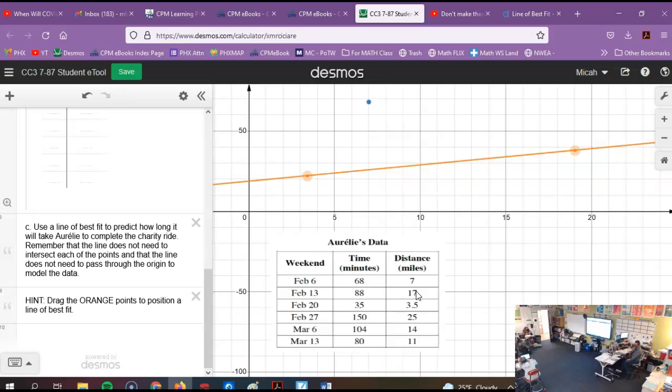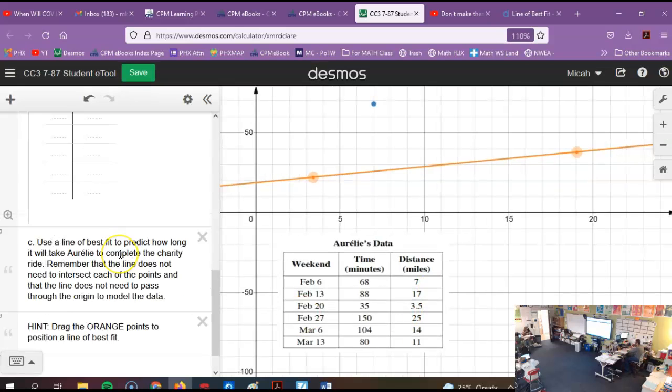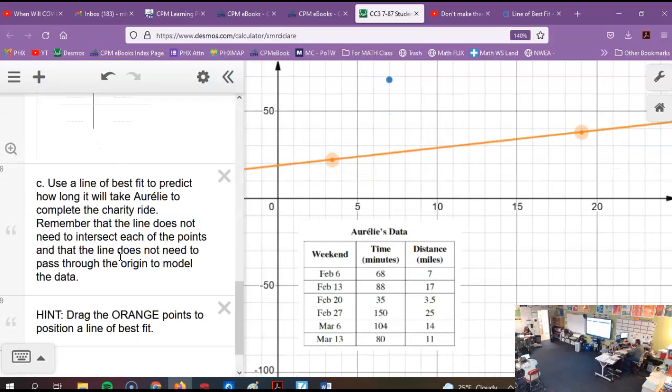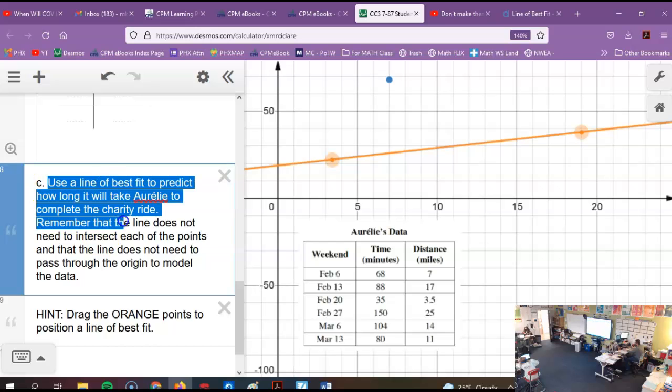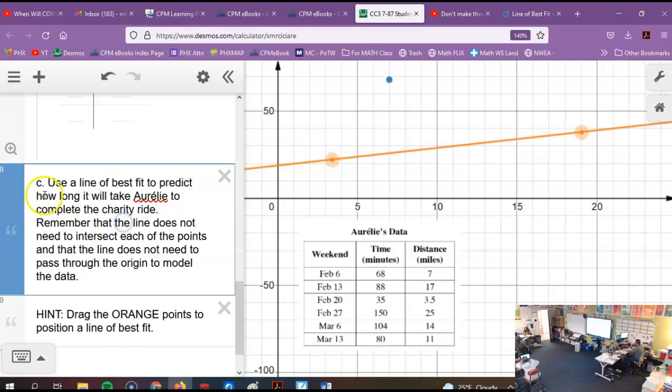Any volunteers? Lily? We are trying to predict how long it will take her. And when I'm calculating the length of a bike ride, if I'm trying to determine the time, what we're saying is time is dependent on distance, right?